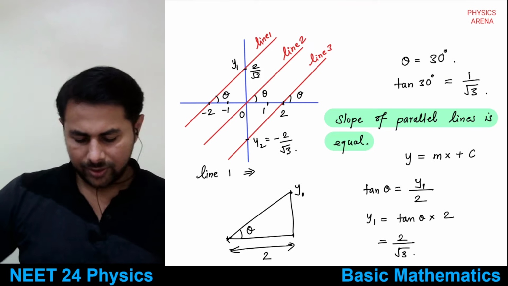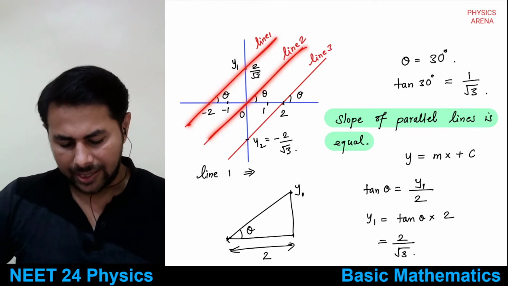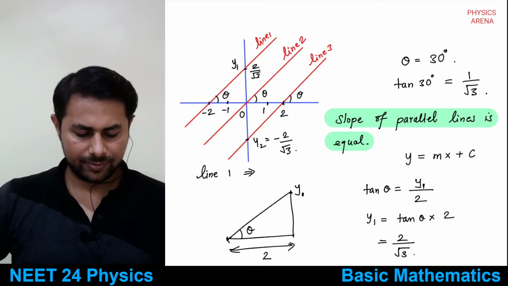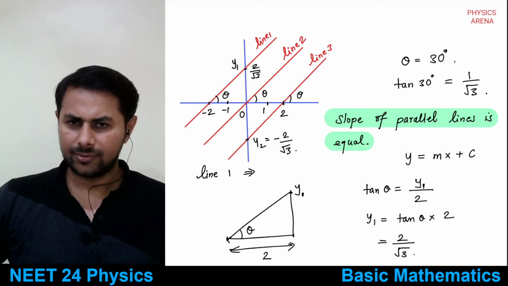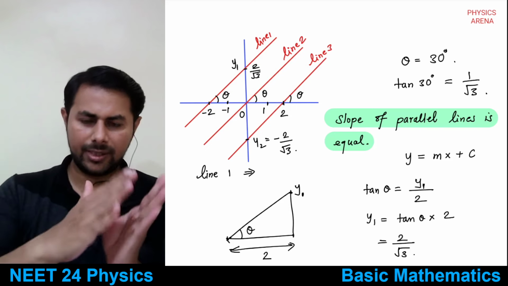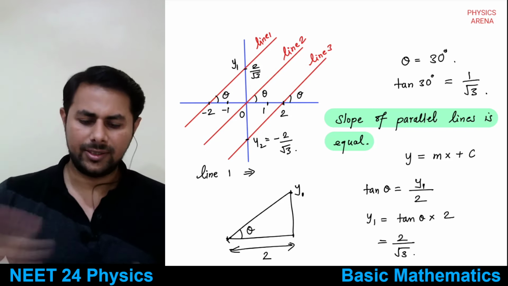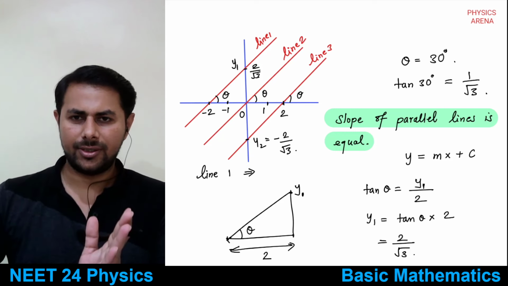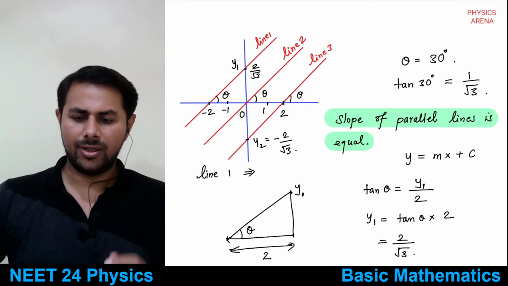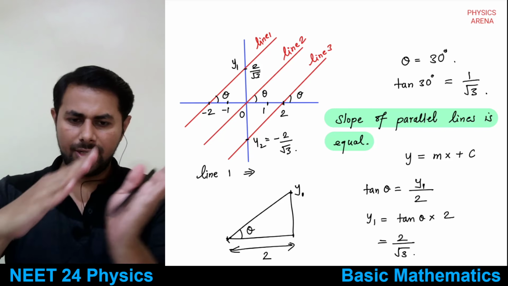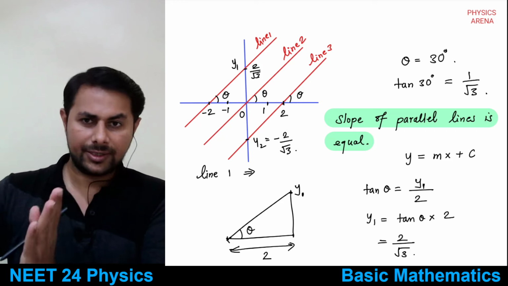All right, so now suppose these are parallel lines. So the slope of parallel lines will be equal, right? If two lines, 2, 3, 4, any number of lines are parallel to each other, the slope should be equal. If they are parallel, each line will make the same angle with the x-axis.